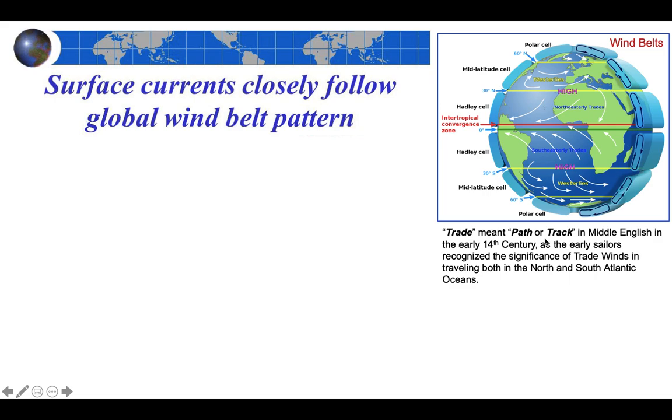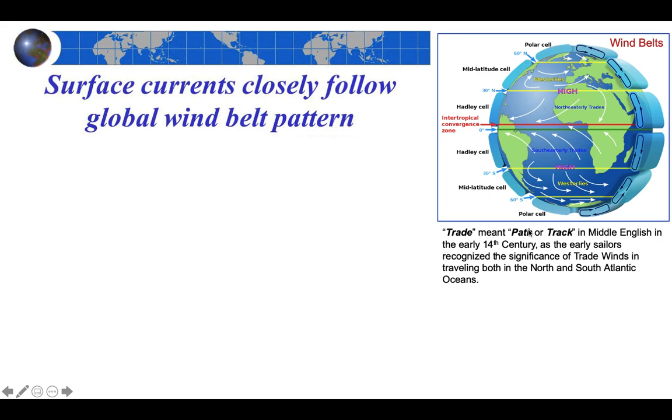And the early sailors, particularly traveling towards Greenland, to the other side of Greenland, to find places for better farming during the ice ages, they actually took advantage of these wind systems.